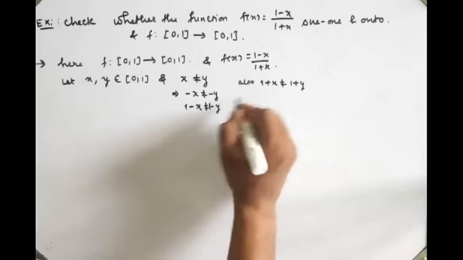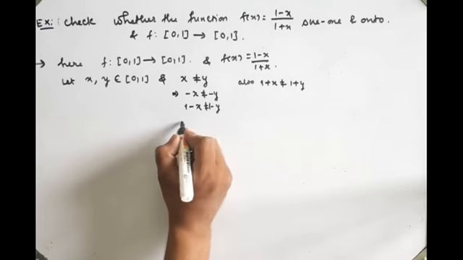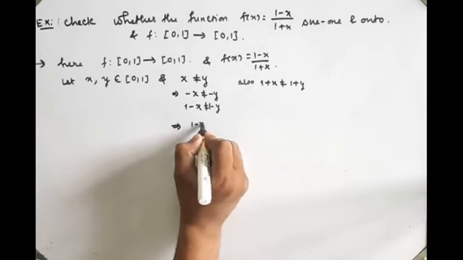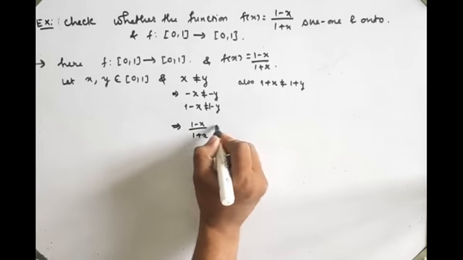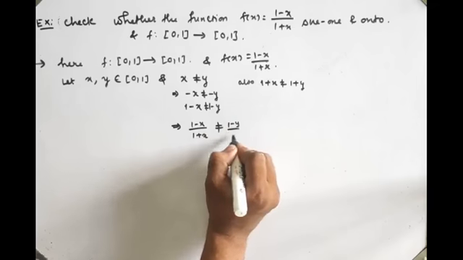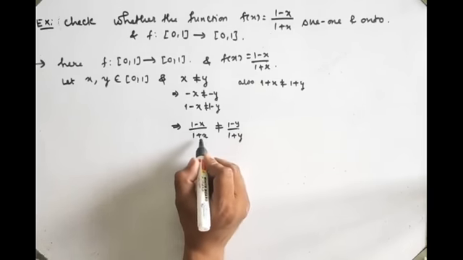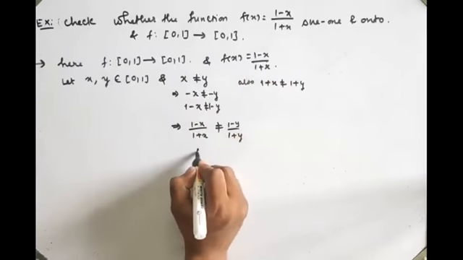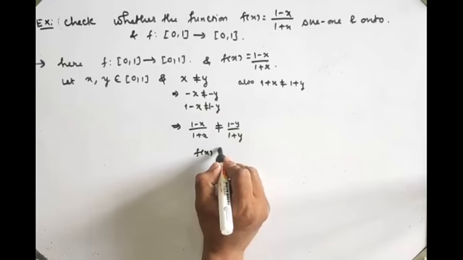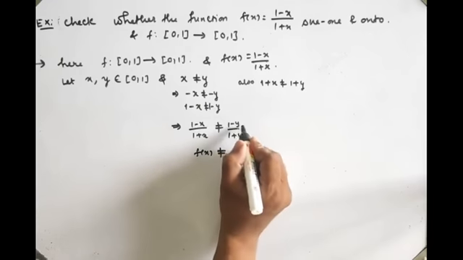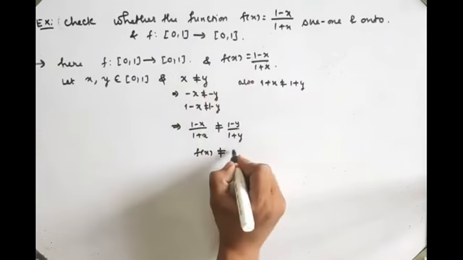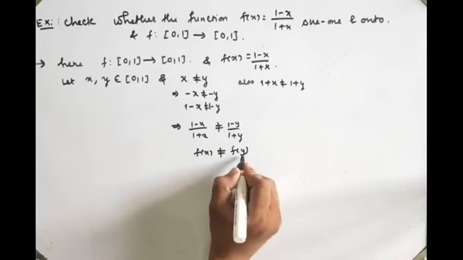So dividing the first by the second, what will I get? 1 minus x upon 1 plus x is not equal to 1 minus y upon 1 plus y. Here 1 minus x upon 1 plus x is f of x, and 1 minus y upon 1 plus y is f of y. So f of x is not equal to f of y.